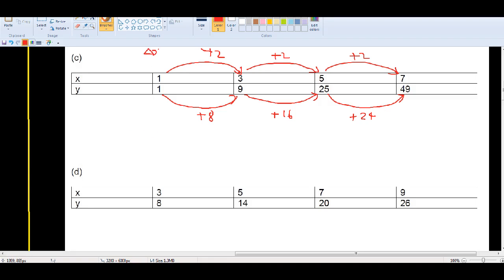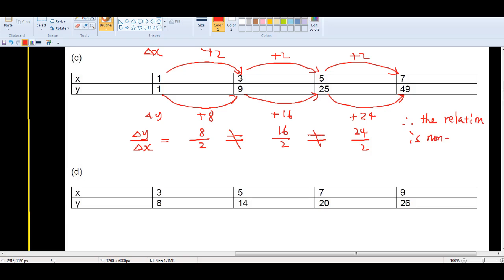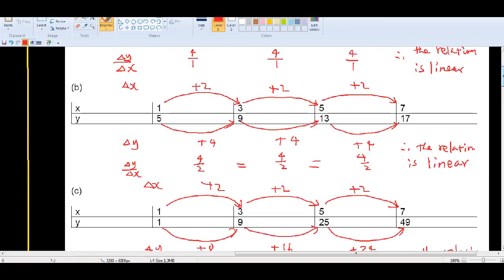Delta y over delta x will be 8 over 2, 16 over 2, 24 over 2. So 8 over 2 is 4, 16 over 2 is 8. Are they equal? No, they are not equal. Therefore the relation is not linear, or non-linear, you might say. Good.